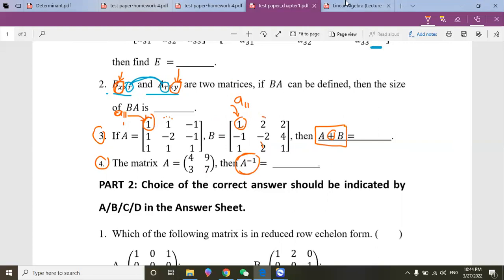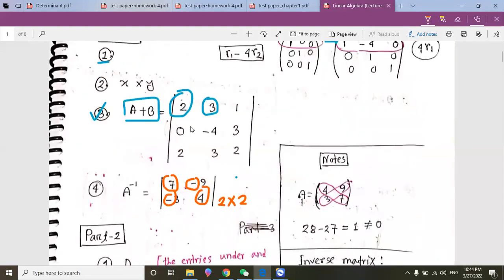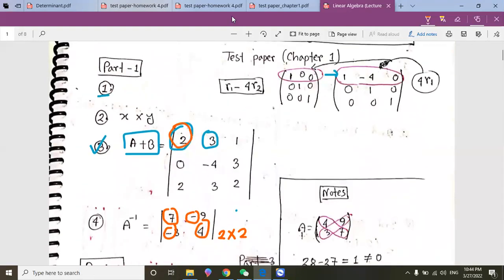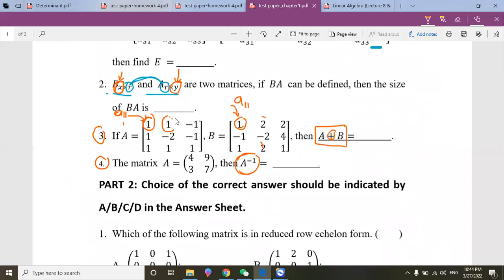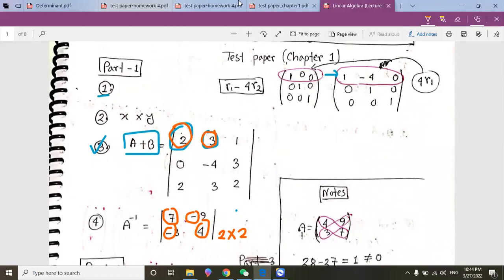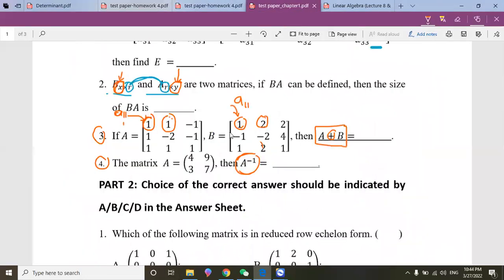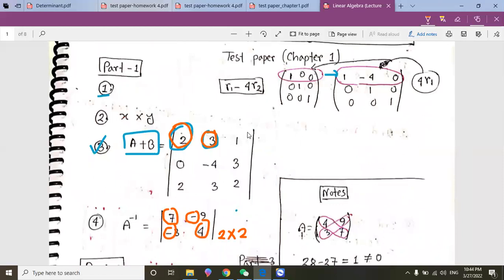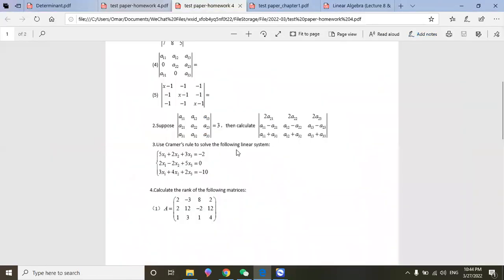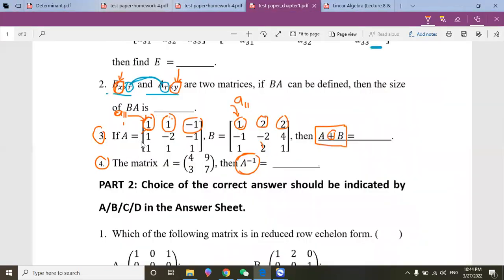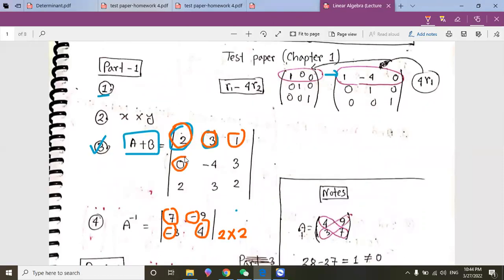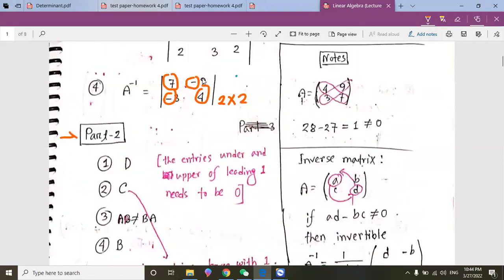So 1 plus 1, that will be 2, right? So here it is 2, and then 1 plus 2, that will be 3. So we are just adding corresponding entries. -1 plus 2, that will be 1. And then here 1 plus -1 will be 0. Okay.